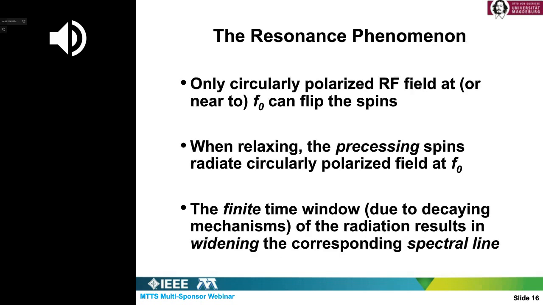Okay, why is it resonance? Because you need exactly the Larmor frequency in order to invert the population. And when you stop your exposure, restoring the thermal equilibrium by emitting radiation, this emitted radiation is also exactly at the Larmor frequency. Of course, if we have a lossless situation, the whole thing will last forever.